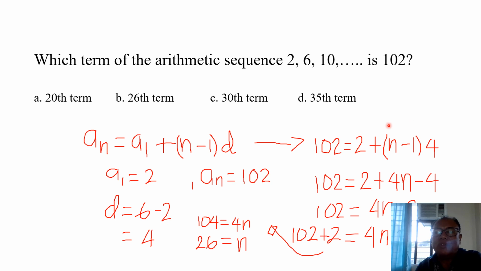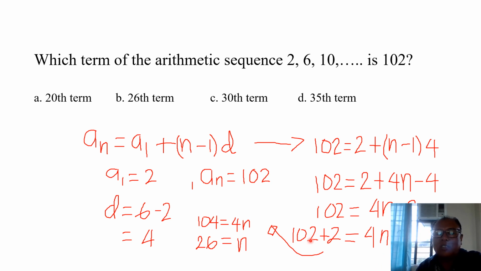By the distributive property, we multiply 4 by n minus 1, so that is 4n minus 4, and then plus 2. We just bring down 102, and then we subtract 2 minus 4, so that is equivalent to 4n minus 2.